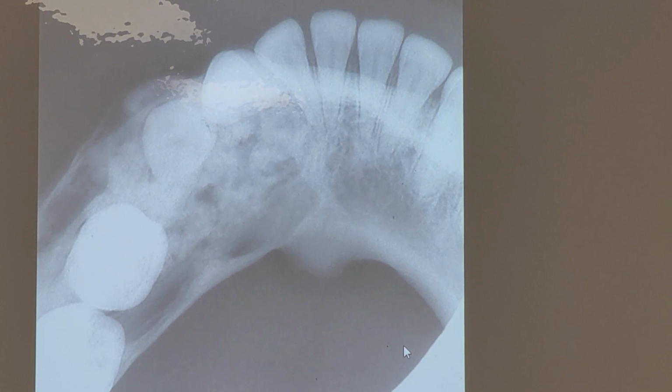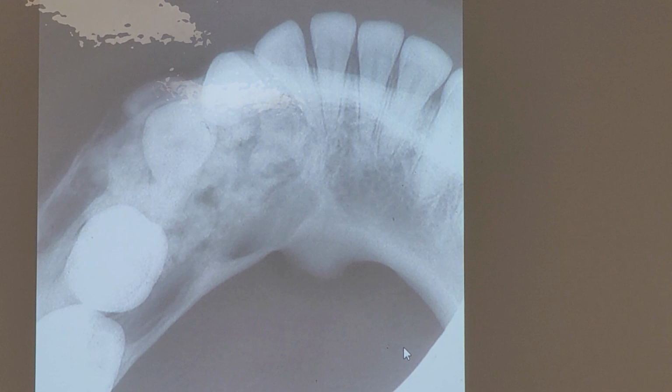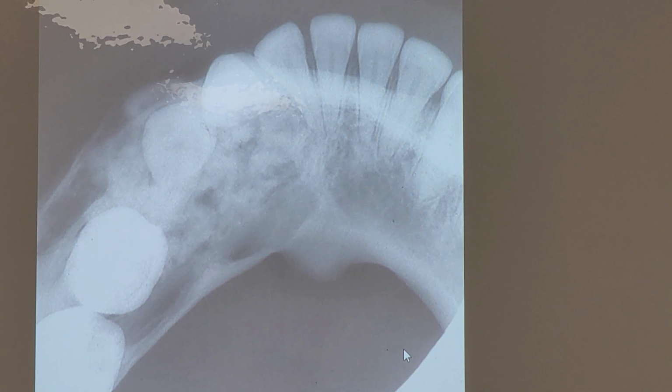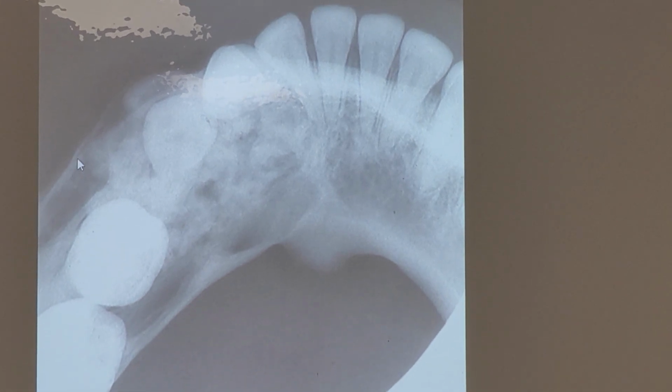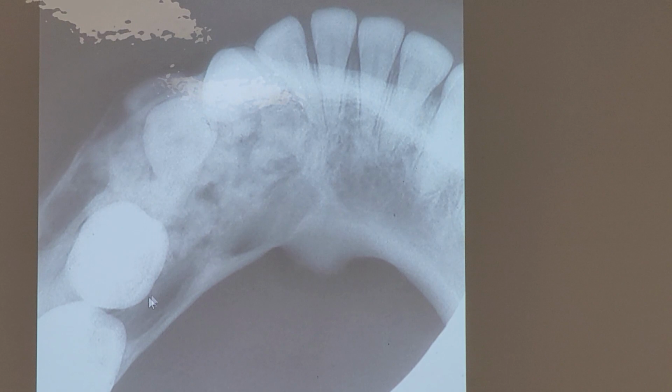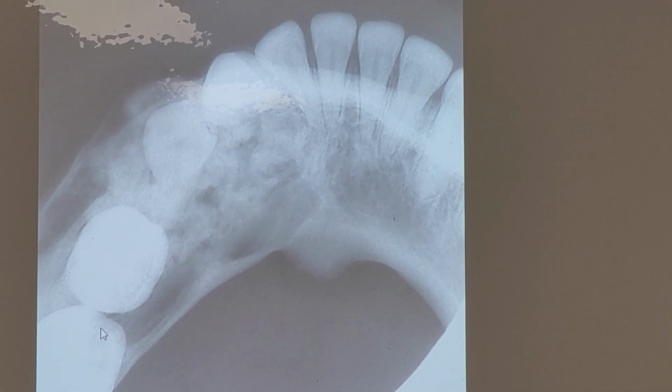That's not right. So this one would be like a mixed lucent? Yes. That's good. And the reason why I wouldn't say it's a confluent, a focal, is because it has this radiolucency here.